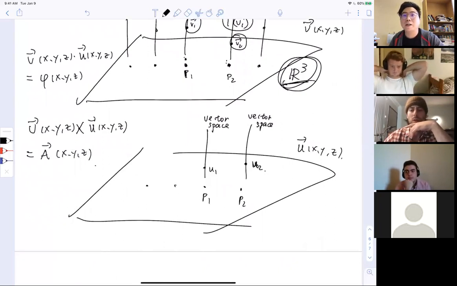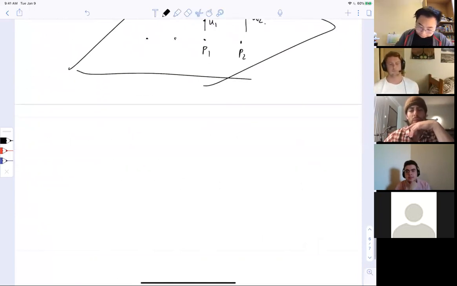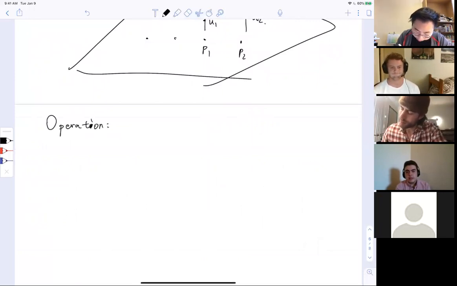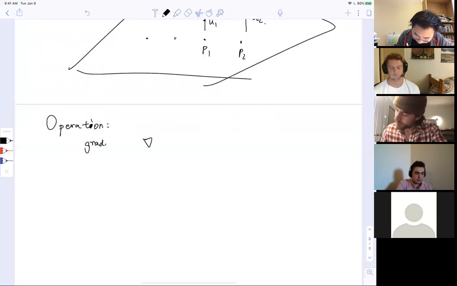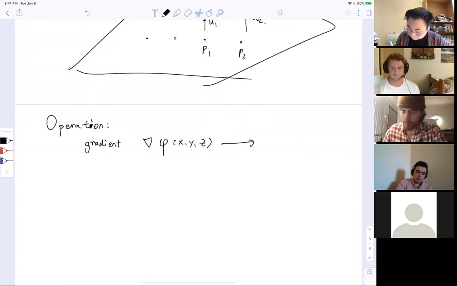And okay, so this is about a vector field. So what operations can we make? There are three operations basically. One is the gradient. It acts on a scalar field and will give us a vector field.